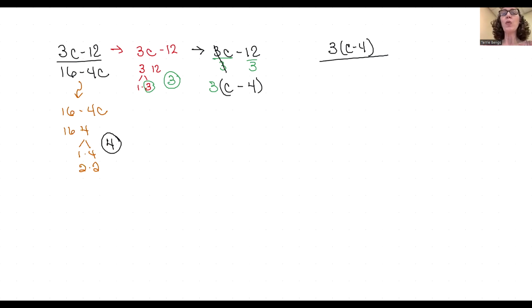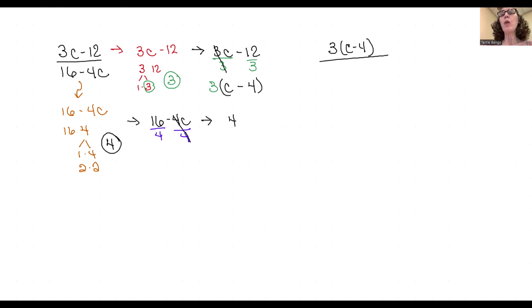All right, so if you remember, we just rewrite that original part, which ours was the bottom part, 16 minus 4c, and then we take that greatest common factor and divide both terms by it. So 16 divided by 4 is just 4, and then negative 4c divided by 4, those 4's cancel, so it leaves us with just minus c.